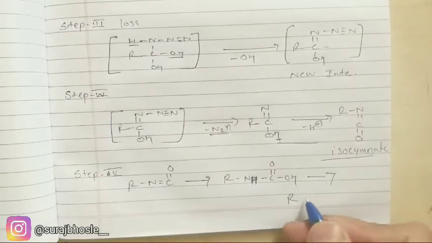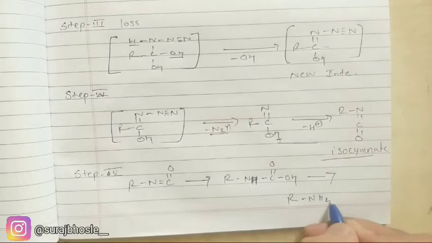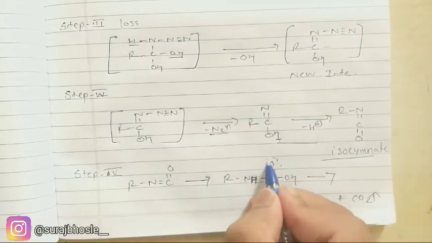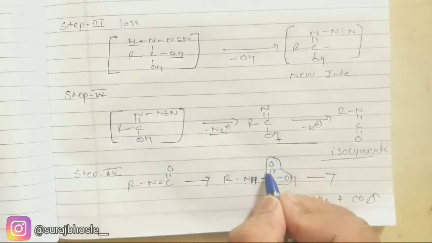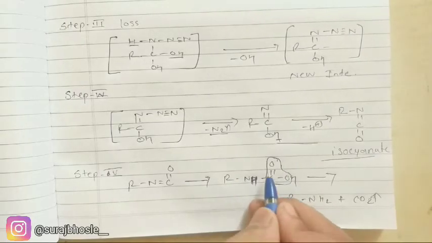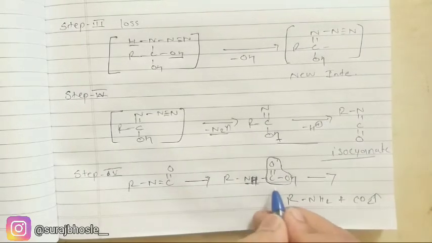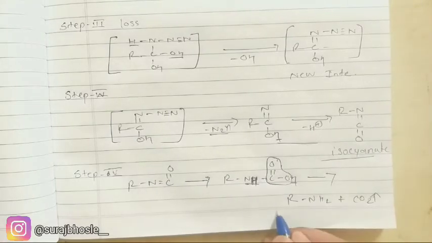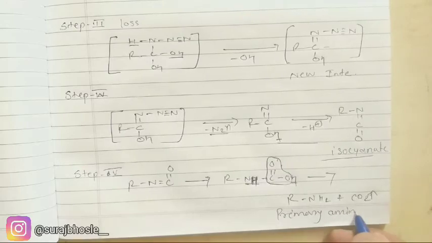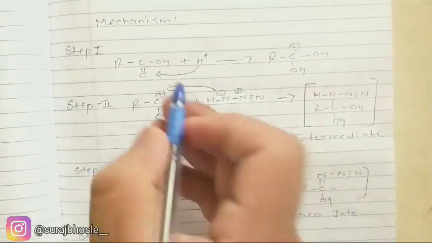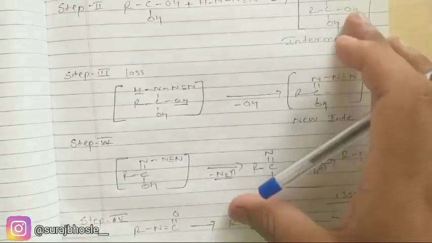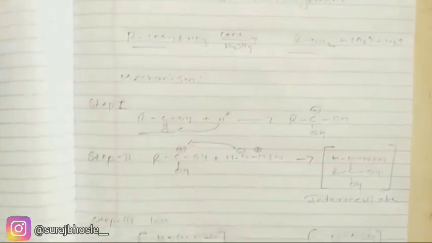We get RNH2 plus CO2. So the CO2 is removed by decarboxylation and we get RNH2. So we have got primary amine from what? This carboxylic acid. So this was all about the mechanism of the Schmidt rearrangement reaction.